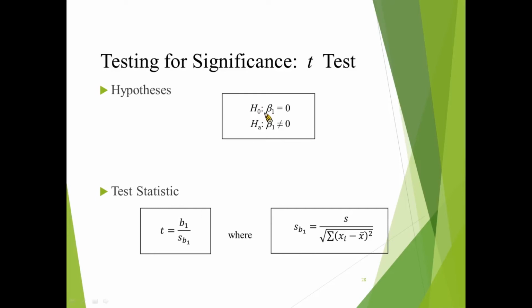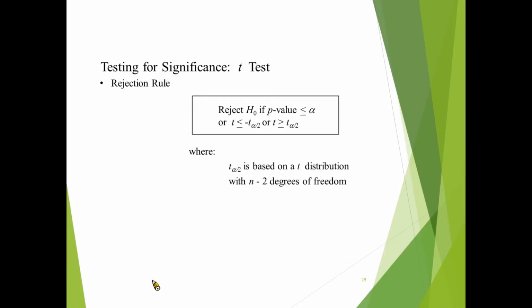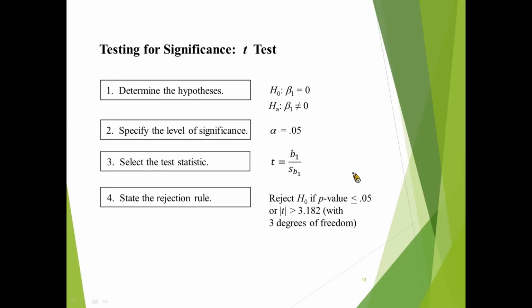H0 is beta 1 equals 0, and HA is beta 1 is not equal to 0, and the test statistic is t, which we already talked about in this class. And the rejection rule: reject H0 if the p-value is less than alpha. So the t-test, okay.